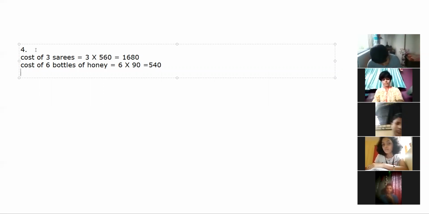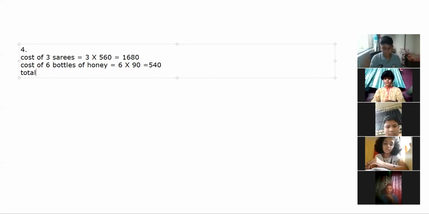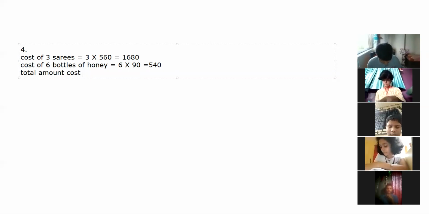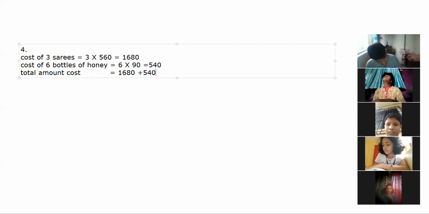Now we will add both of these, like how much she paid in total for everything. So that will be total amount cost is equal to 1680 plus 540.